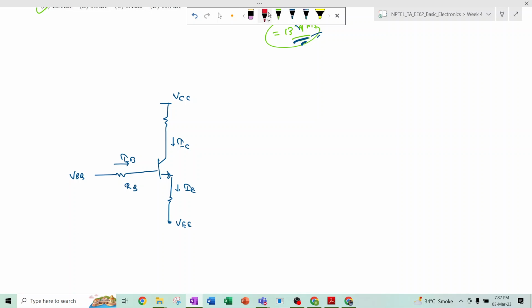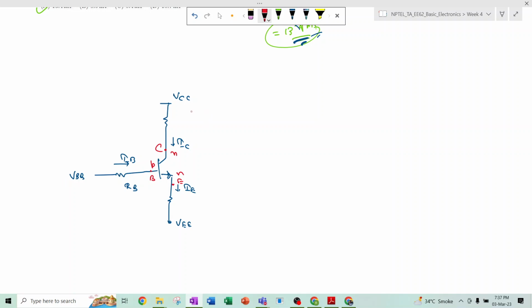Suppose this is an NPN transistor. This is the emitter terminal, this is the base terminal, and this is the collector terminal. Now we apply some bias VB.